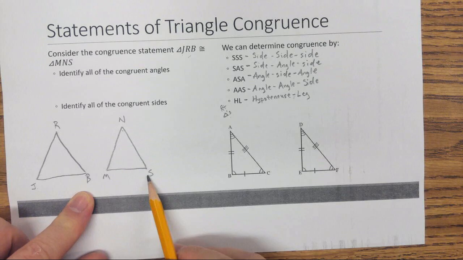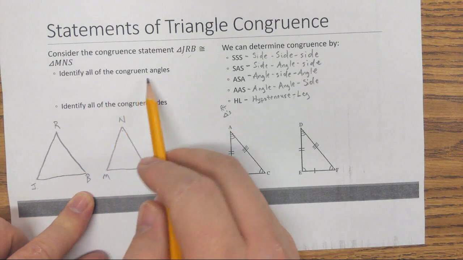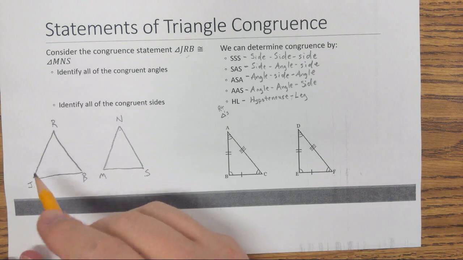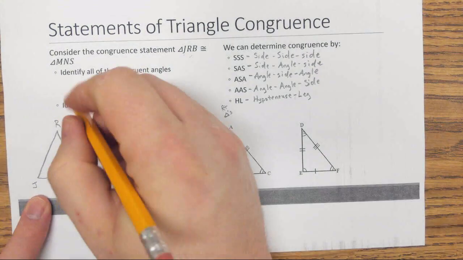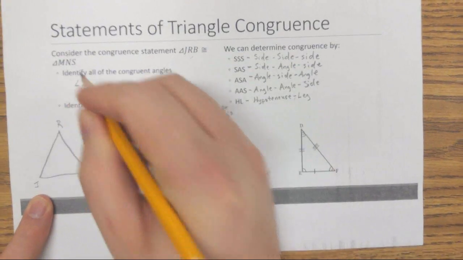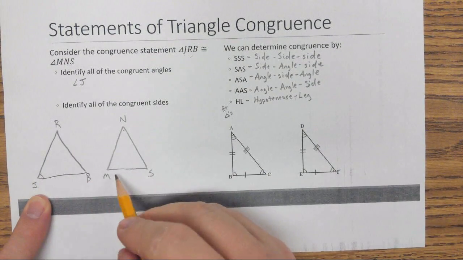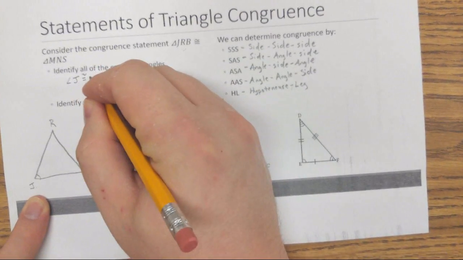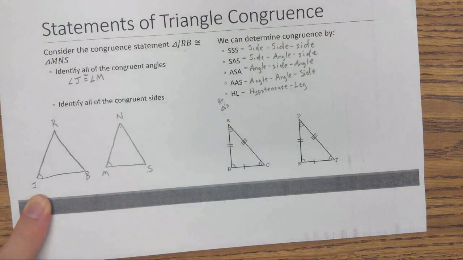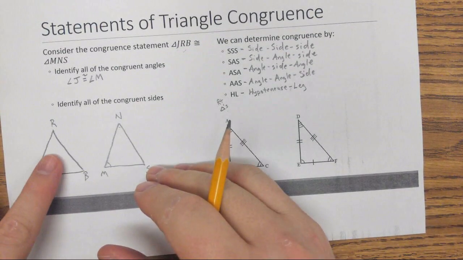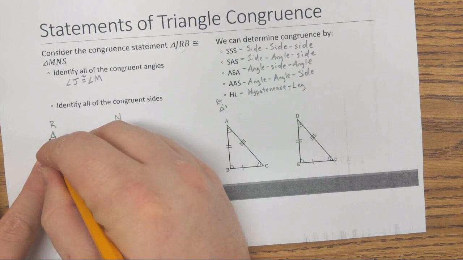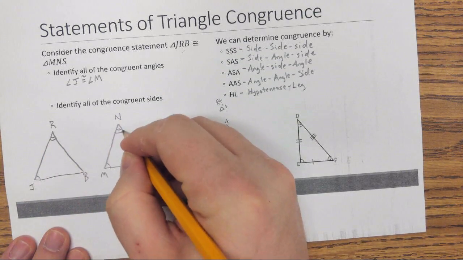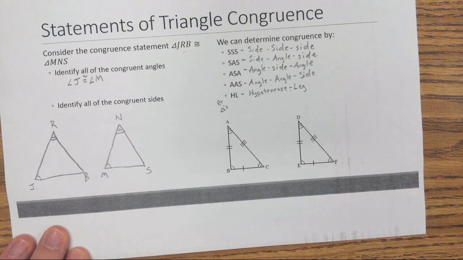Okay. So when I'm talking about identifying all the congruent angles, what I'm going to do then is say that angle J corresponds to angle M and is therefore congruent to angle M. Okay. Angle R, I'm going to do two arcs here to say that it's congruent instead of just one like I did this first one.